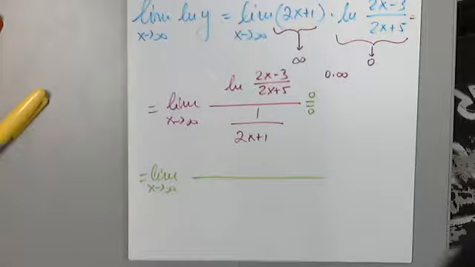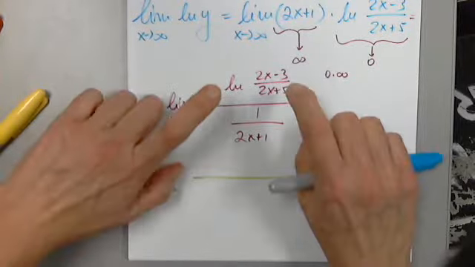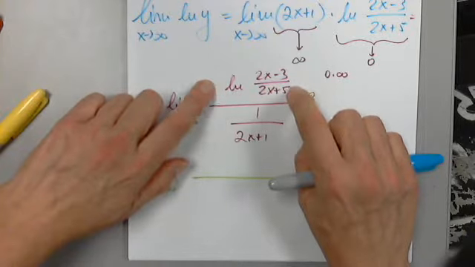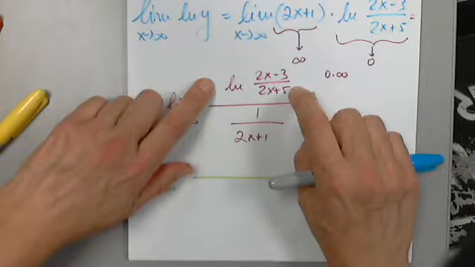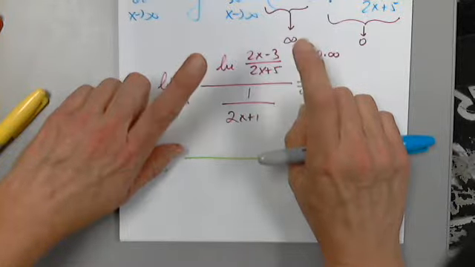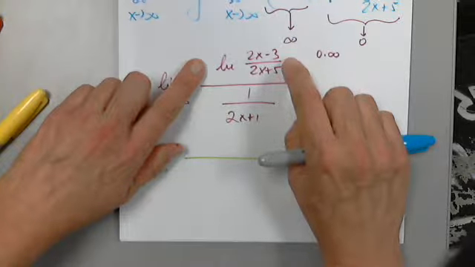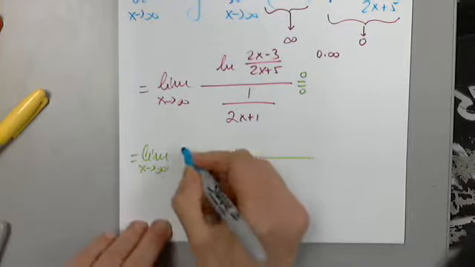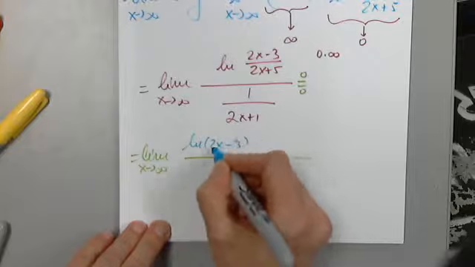I recommend at this stage to first replace this using a property of log, because I really don't want to differentiate the ratio, but it's not a problem. How do I change this? Perfect.